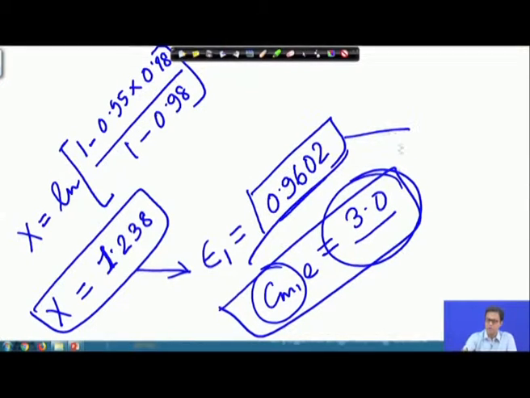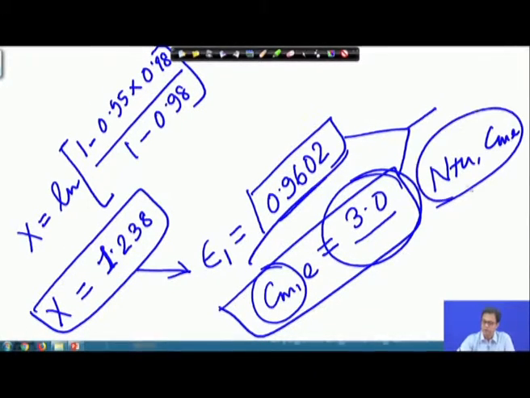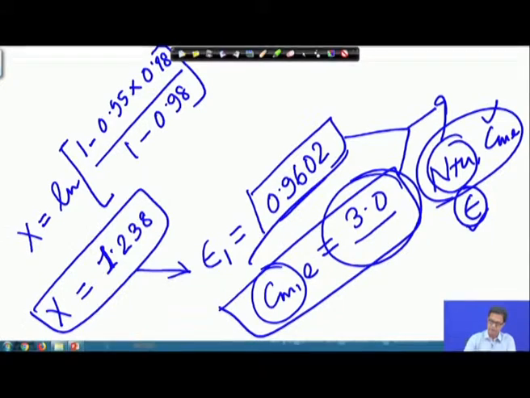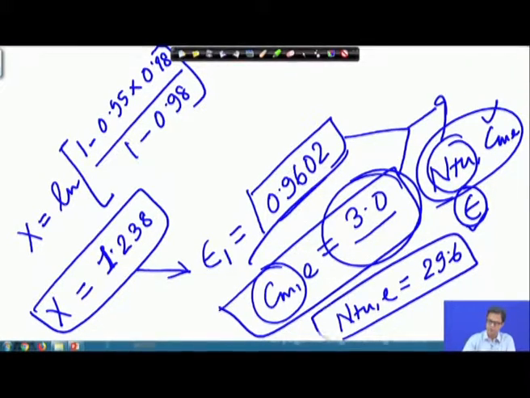So, corresponding to those two values, we will go back to that NTU and CME relation, particularly for the epsilon. Accordingly, if you use that chart, you will find that NTU equivalent comes out to be 29.6.